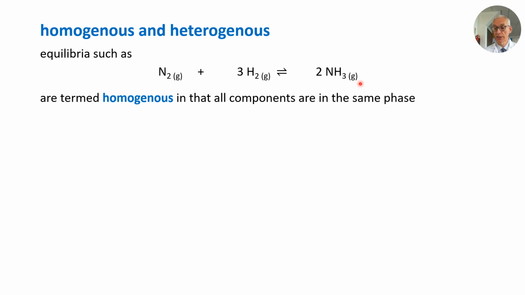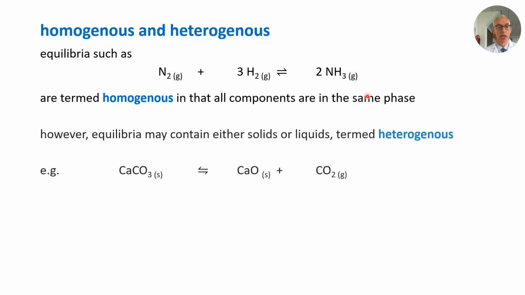They are in the same phase. However, an equilibrium may contain a mixture of phases, may contain solids or liquids, and these are termed heterogeneous. So we've got the decomposition of calcium carbonate forming solid calcium oxide, but gaseous carbon dioxide.